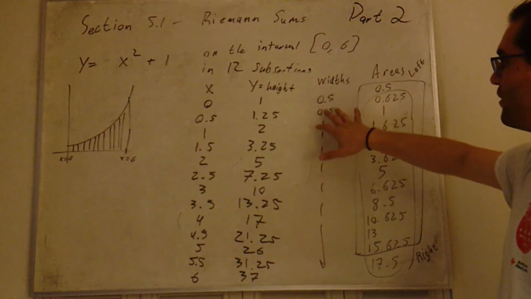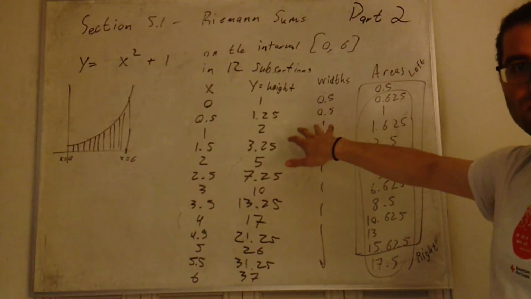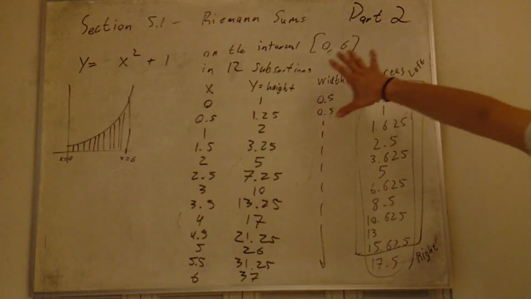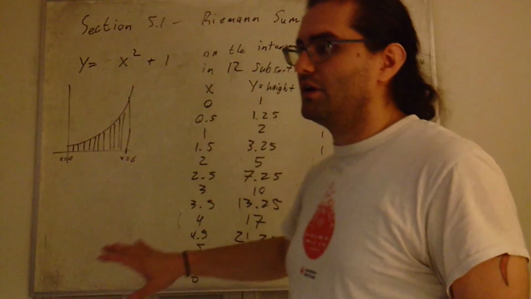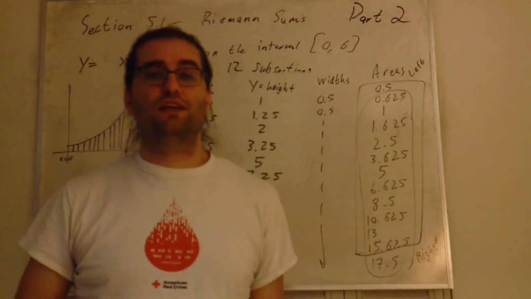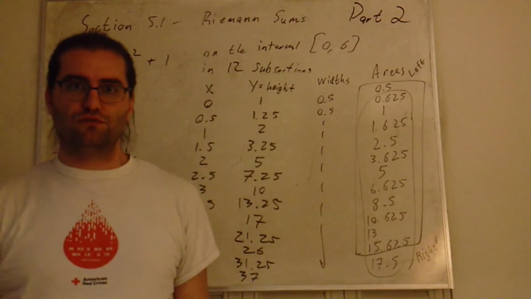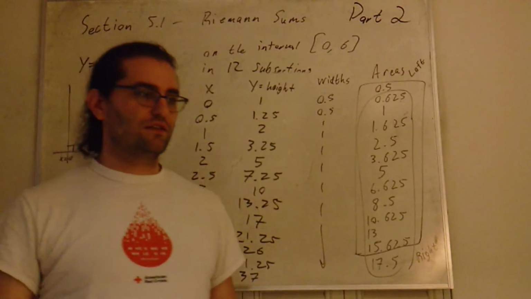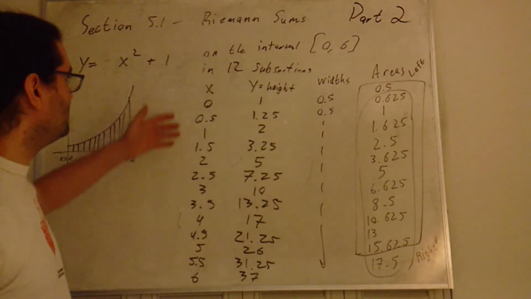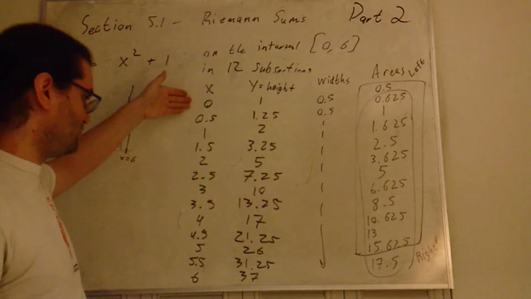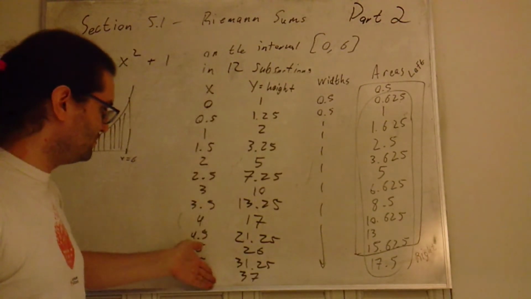anytime I have to involve widths that are less than 1, I prefer to do these problems not just with the calculator, but with an Excel spreadsheet or with a Google Sheets spreadsheet. It turns out it's really easy to set up a spreadsheet that will do all of these calculations for you.